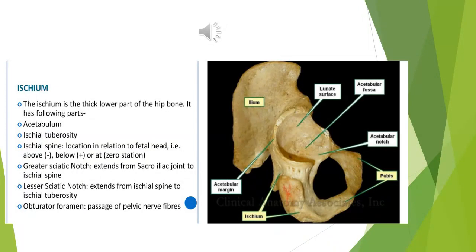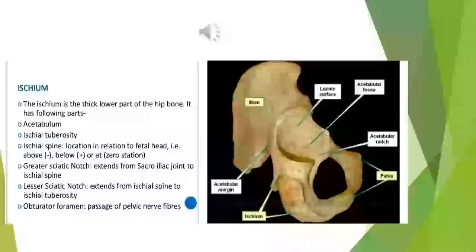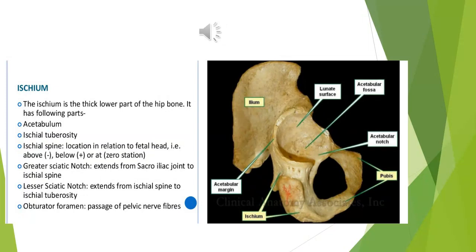Also regarding the greater sciatic notch, as you already studied, many structures, the branches of the internal iliac artery, exit through the greater sciatic notch to enter the gluteal region.